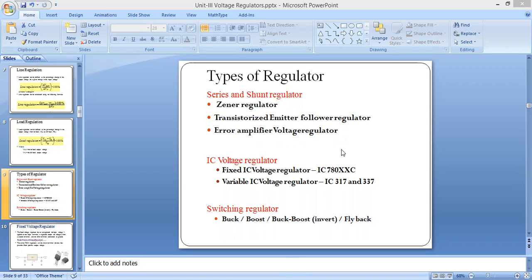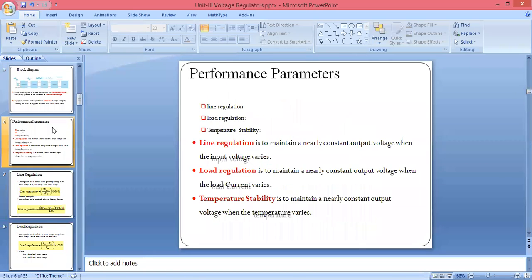What we are doing here, we are using voltage regulator to maintain the constant DC voltage irrespective of the voltage fluctuations at the input, or variations in the load current, because we have seen three types of regulations in the voltage regulator. These are the performance parameters of the voltage regulator. We can maintain line regulation, load regulation, and temperature stability.